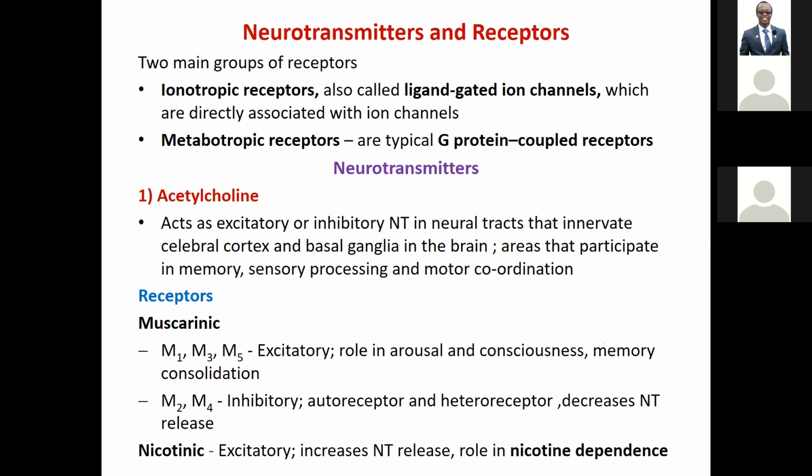Now metabotropic receptors. Can somebody help us on that? I think someone else can talk. Ian Malonde, I invite you. I'll now invite people at random. Can we have Miriam Farid? Miriam, can you hear me?